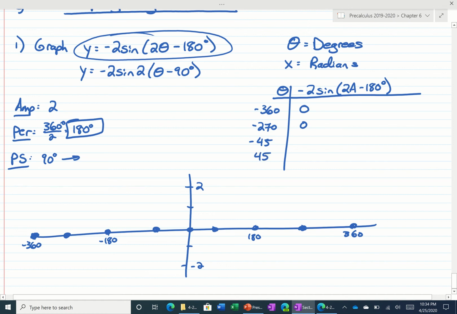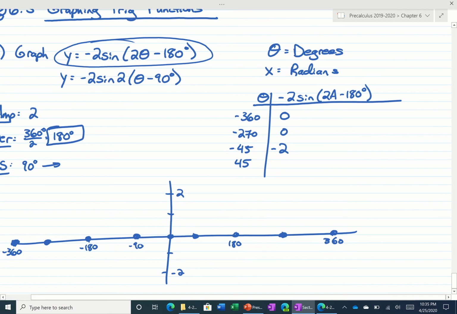If we store -45, we get -2. And +45, we get +2.